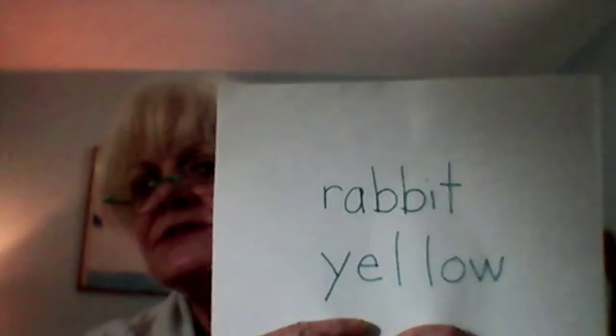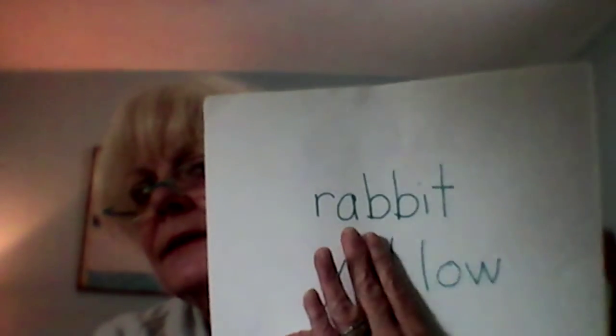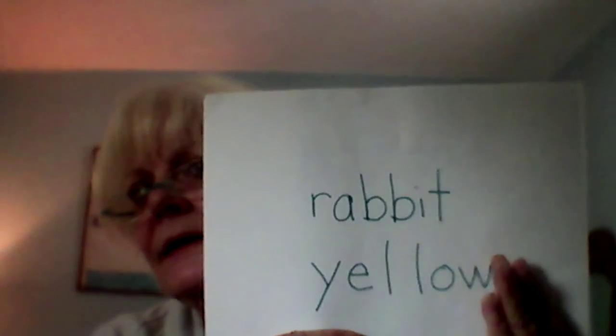Same thing with this word. Yell, low, yellow. See? You can break apart any number of words. And then when you put them together, once you know how they sound, simple.